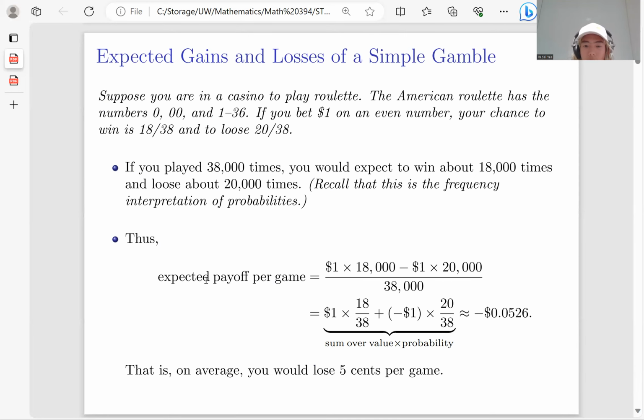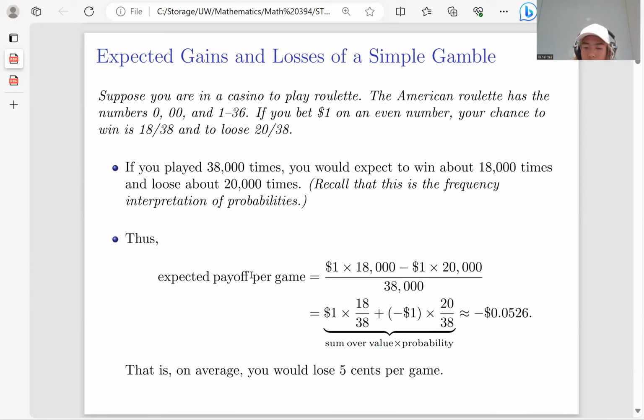The expected payoff of the game is easy to calculate. It's 1 times 18,000 minus 1 times 20,000, divided by the total number of times that you play, and it turns out to be slightly negative. And that's the reason why those roulette game companies can operate and keep running until today.